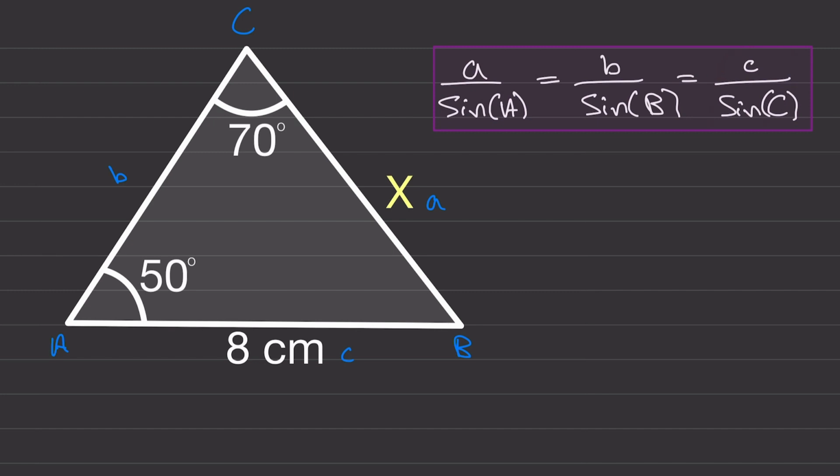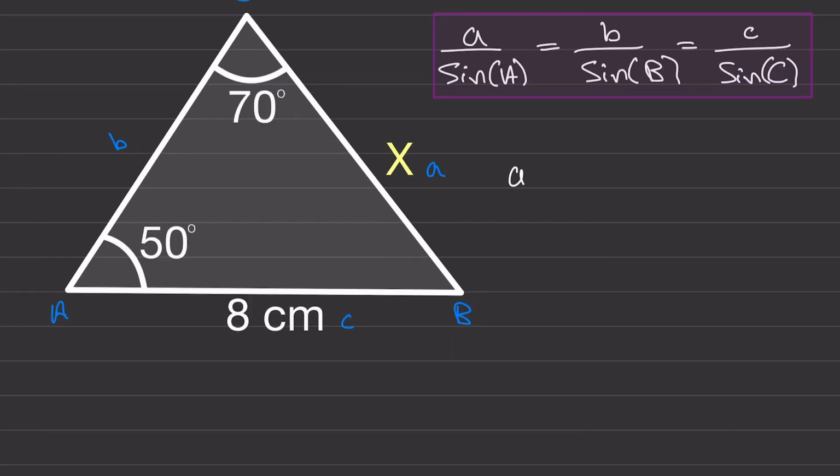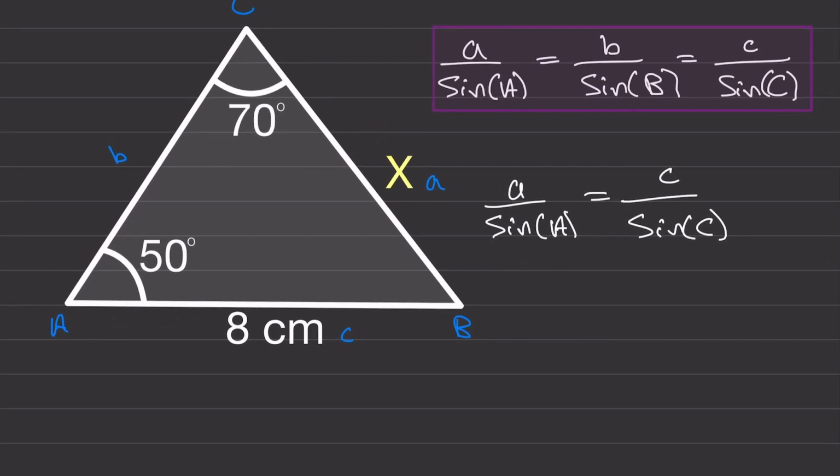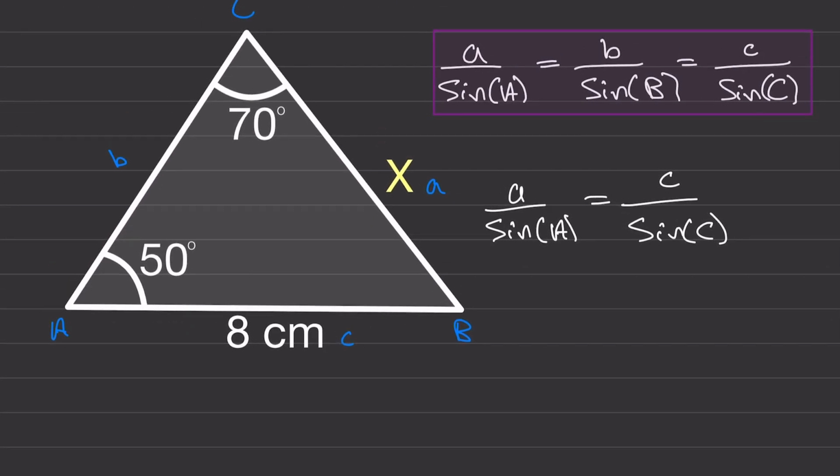So let's rewrite this so that it's a bit more clear. Let's say a divided by sine of A is equal to c divided by sine of C. Now, since we only want a, we'll multiply both sides by sine A, so that we just have lowercase a on the left-hand side.